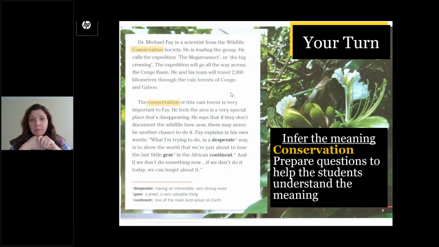How do you take care of your pets? Maybe, but here let's have a look. Let's practice. So our aim is to make students understand the meaning of the word conservation and to use it in their language, so they make it a part of their vocabulary.